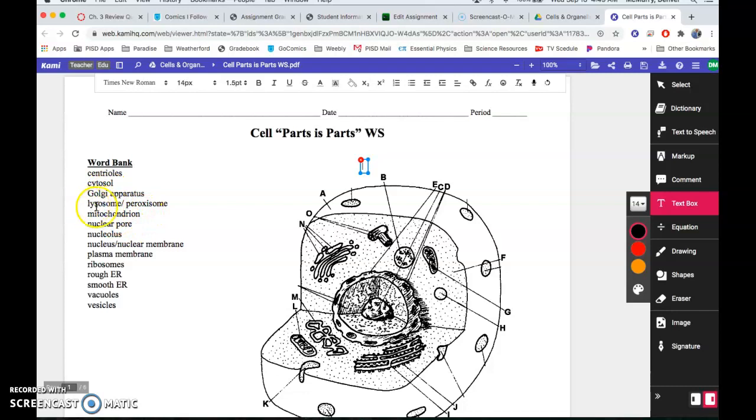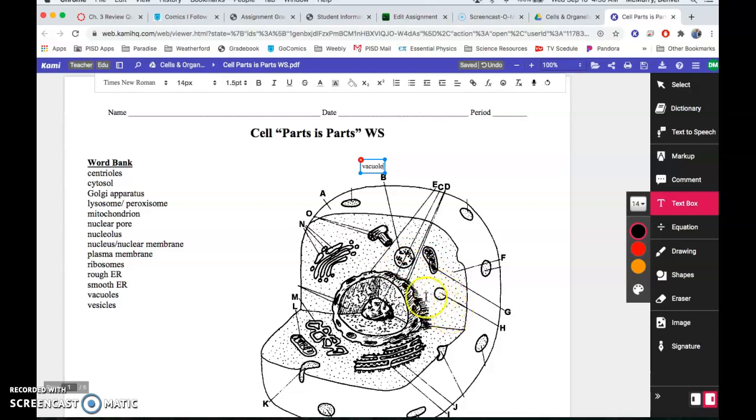Talking about lysosome and peroxisome, notice you'll also have vacuoles. Vacuoles and lysosomes look similar. They're just circles with a bunch of little particles inside that are either being stored in the case of vacuoles, or being digested and broken down in the case of lysosomes. So, generally speaking, vacuoles are going to be larger. V, for example, here is the biggest thing floating around with stuff in there, so that would be a vacuole.